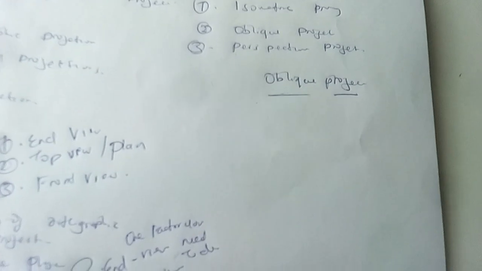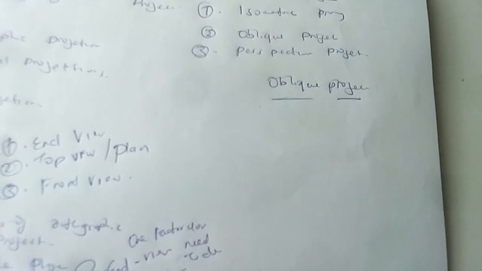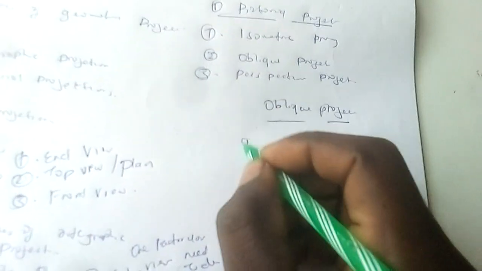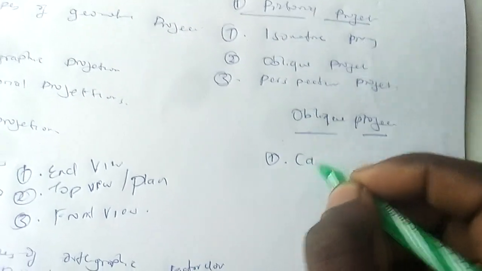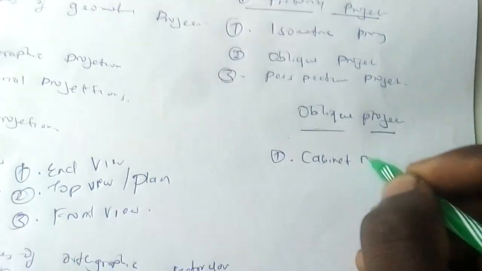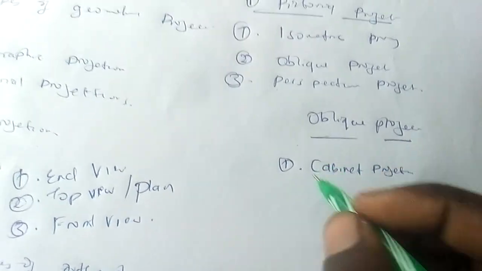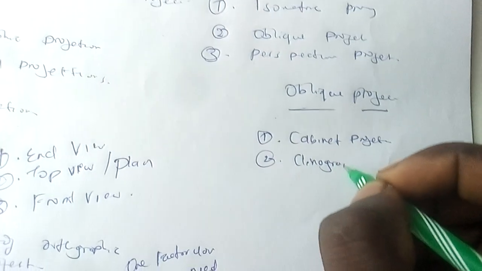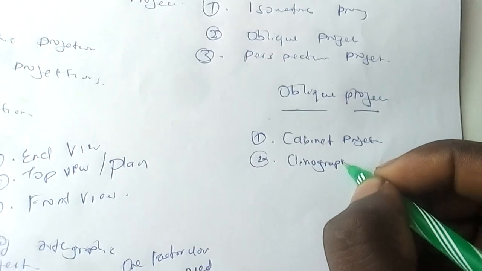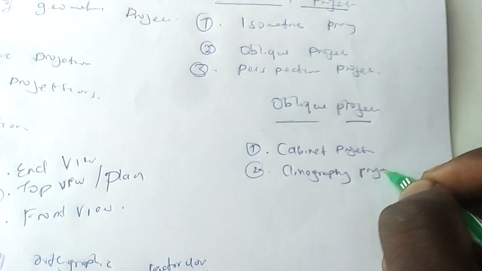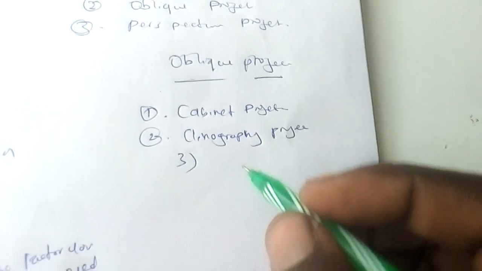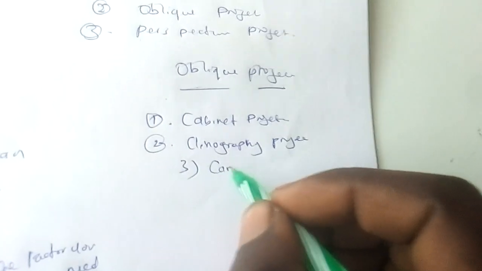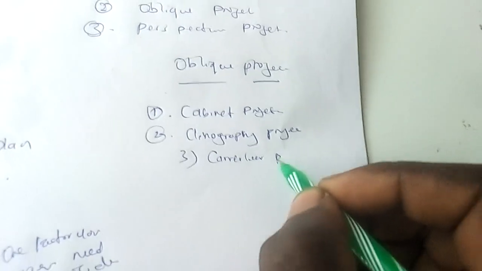We have the cabinet projection, the clinographic projection, and number three, we have the cavalier projection.